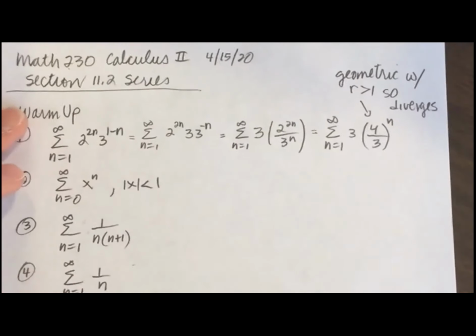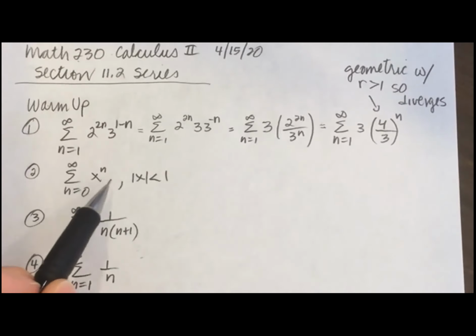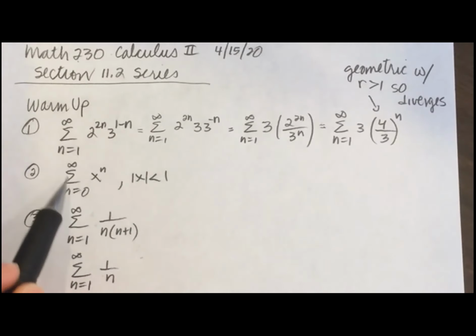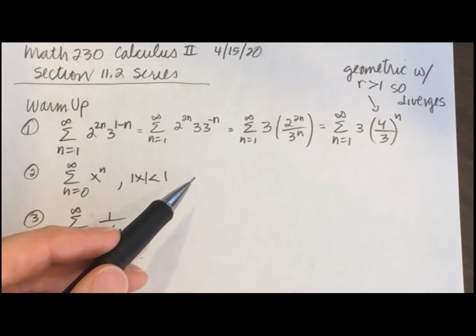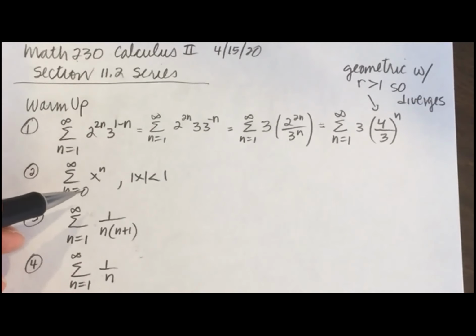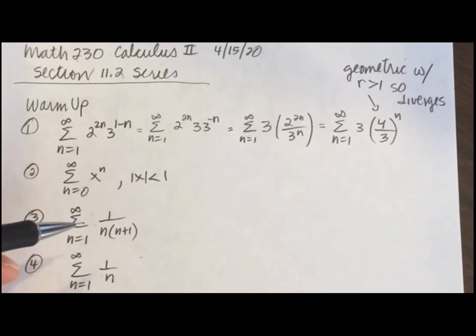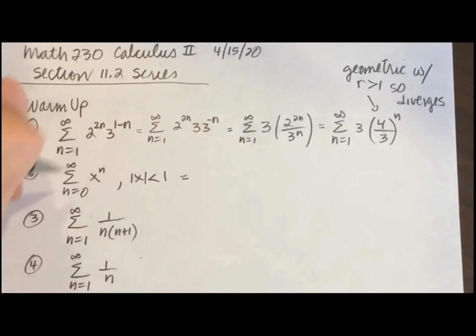This is the next thing that I would do with all of them: I would write out a few terms. If it's in summation notation, I would write it in expanded form. If it's in expanded form, I would write a formula for it and put it in summation notation, because the two different notations are helpful for figuring out what's happening. And so what's this equal to? Put in 0.